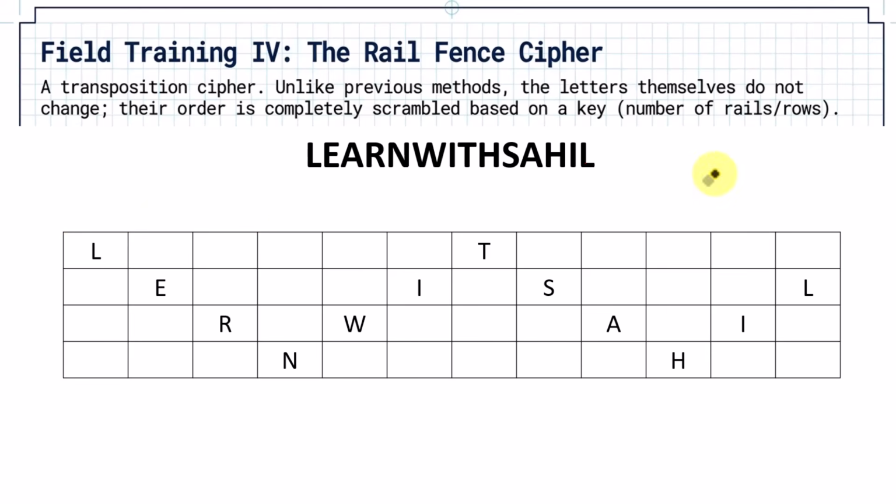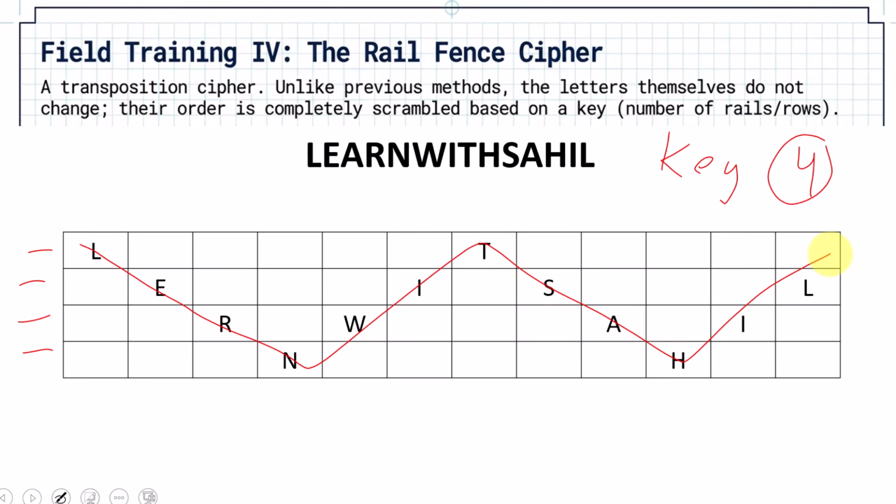So we create a table. Here our key is 4. The key here is simply the number of rows, how many rows we have. Then we write the text in this zigzag order, one by one.